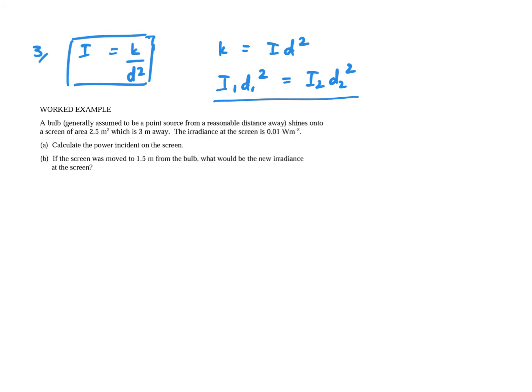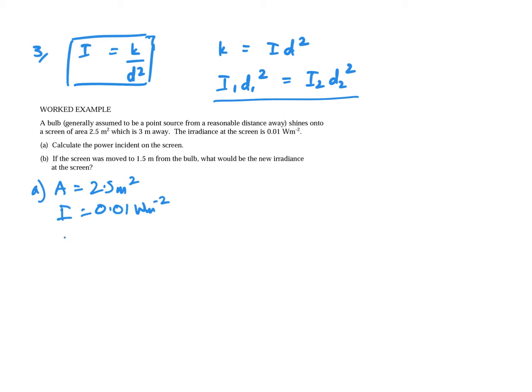So for part A, we're told the area, and we're told the distance. We'll use that in a wee second. And we're told the irradiance is 0.01. The units of irradiance are watts per square metre, power divided by area.